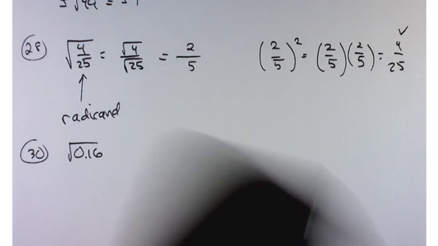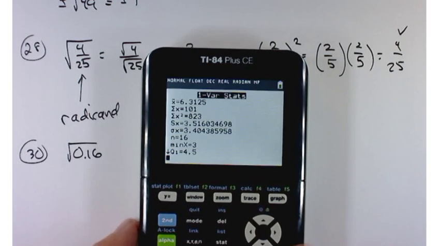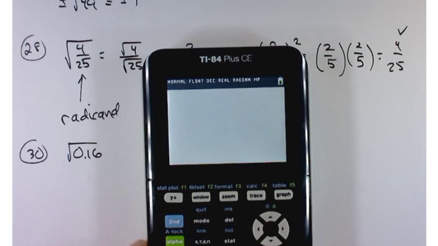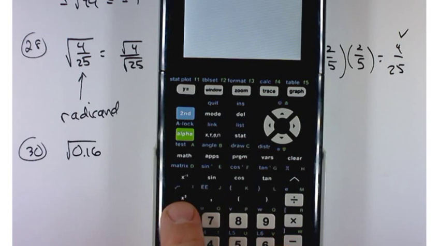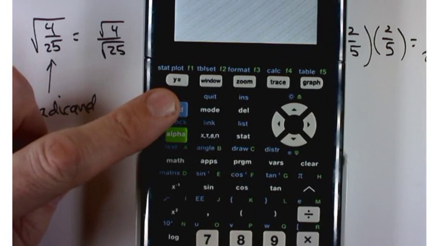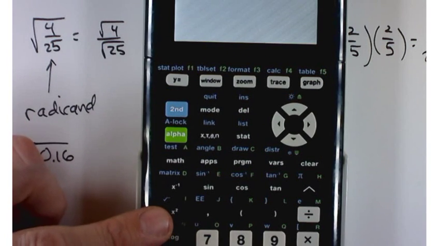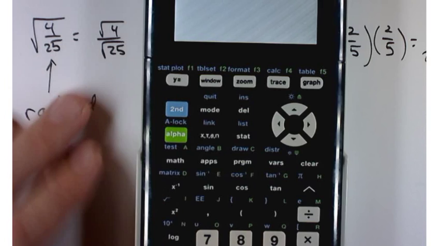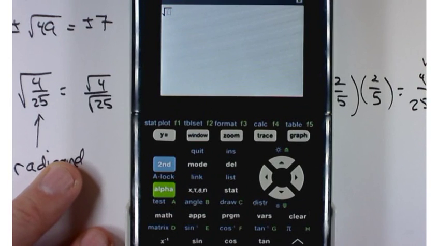We'll take a look at this maybe a couple ways. For me, on my calculator, the radical is right above the squared key. So to get there, I have to hit the second key and then the squared key. That gives me the square root of 0.16, should be 0.4.